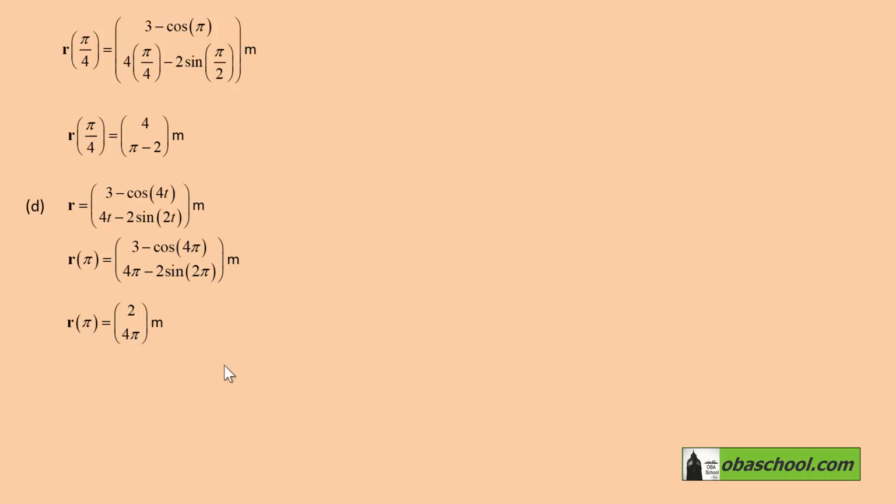Now remember, we were wanting to show that this second particle is going to collide with the first particle when t is pi. So in other words, what we need to do is show the second particle arrives at this point. So for Q, we know the velocity was (2/pi, 8t/pi).